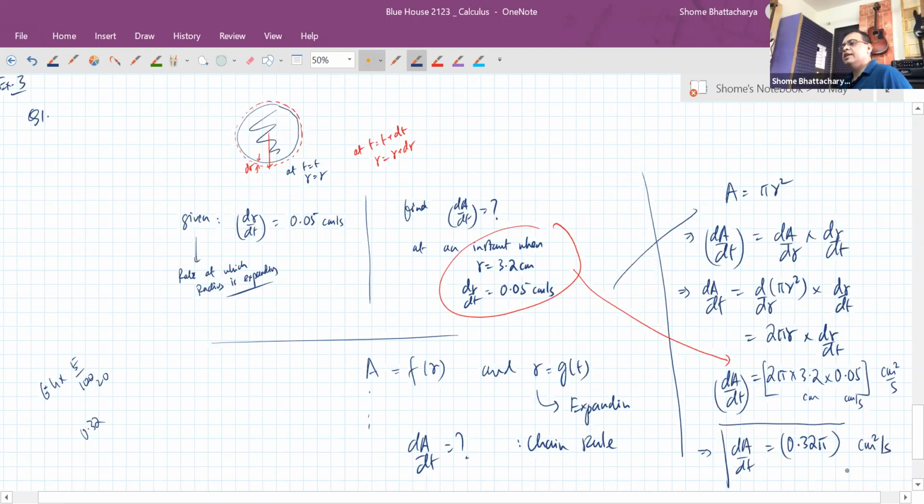That is the rate at which the area is expanding. So this is the concept in this type of question. Just go over this carefully or make a note of it if required.